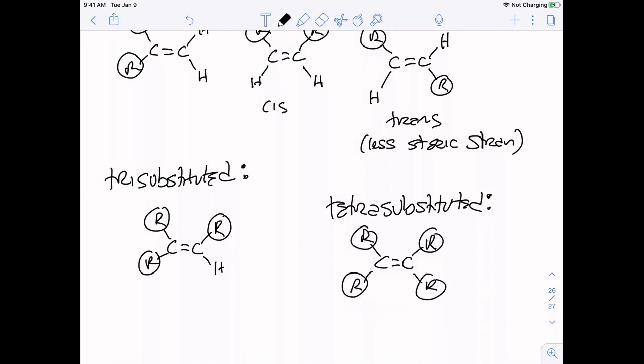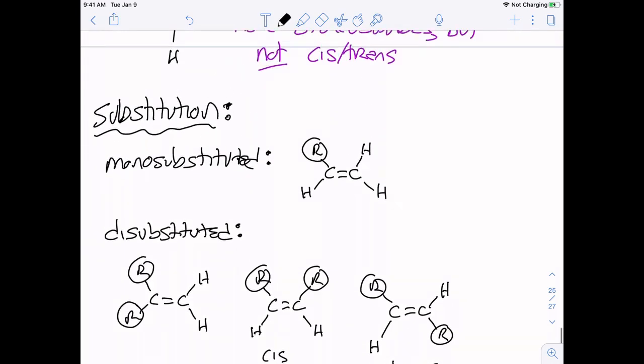So mono, 1 R group, right? Attached to the carbons involved in the pi bond, di, 2.